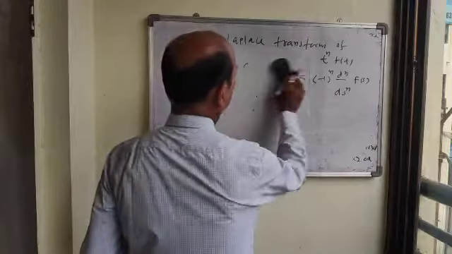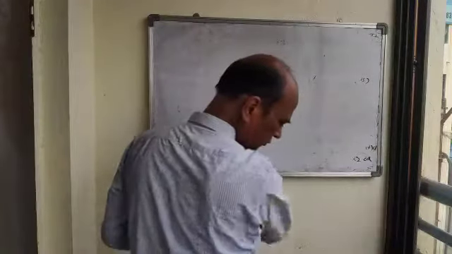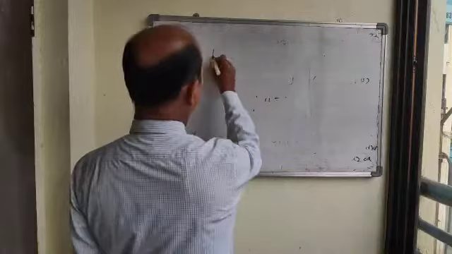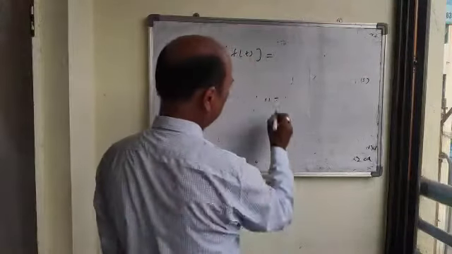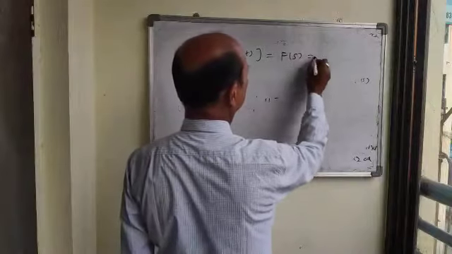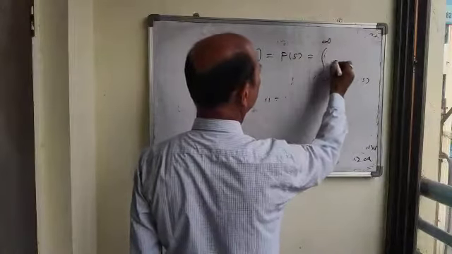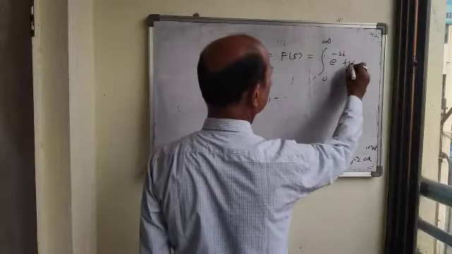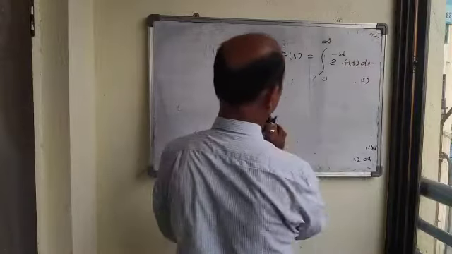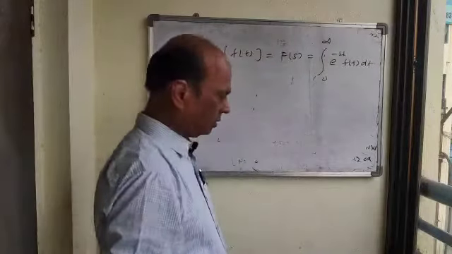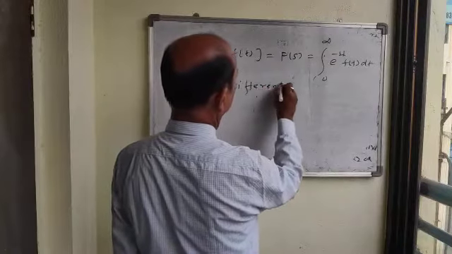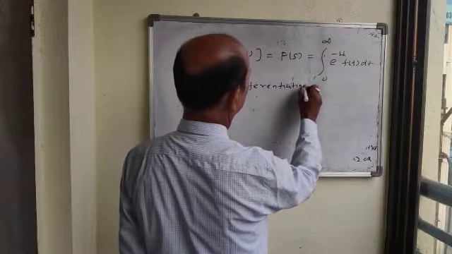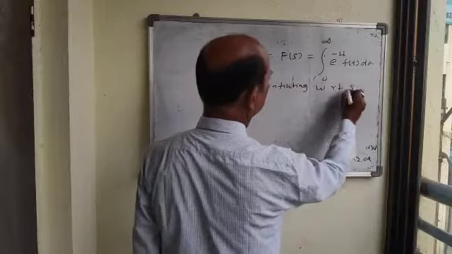So let us prove this. Now we know that L of f of t, that is F of s, is the integration from 0 to infinity of e to the power minus st f of t dt. Now differentiating with respect to s.